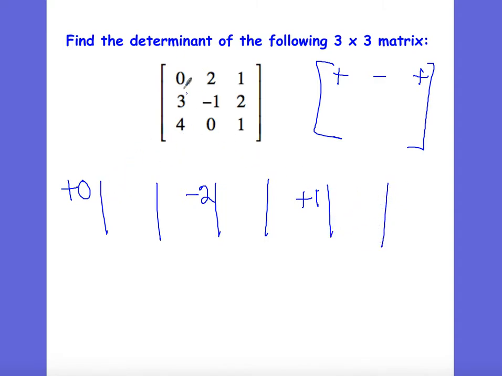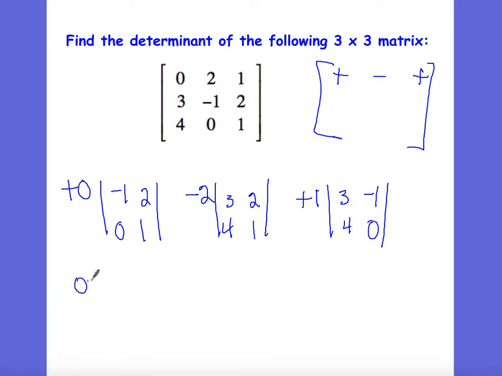Now, if we take the 0, I'm going to eliminate everything in this row and this column, the first row and the first column, and I'm going to have -1, 2, 0, and 1 left. Now I take this 2 right here. I'm going to cross off that row and that column. So now I'm going to have 3, 4, 2, and 1. And then the 1 right here, I'm going to cross off that row and that column, and I'm going to end up with 3, -1, 4, and 0.